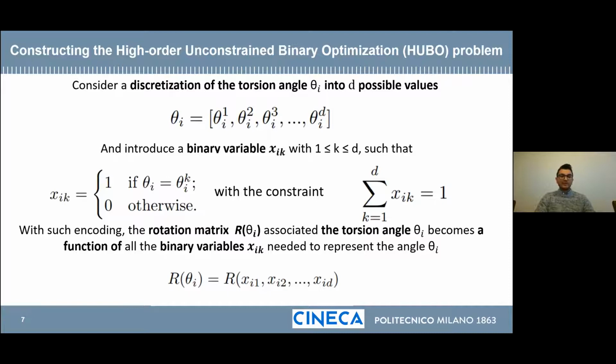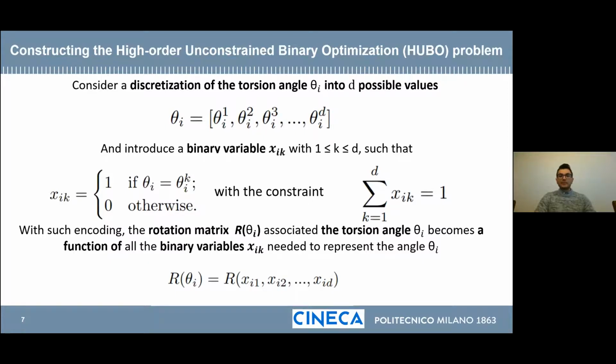We define a binary variable x_ik with k between 1 and d, such that the binary variable is 1 if our torsional angle assumes value theta_k, otherwise 0. And on the right, we can see the constraint that explains that in our problem, a torsional can assume only one value at a time among these discrete values.